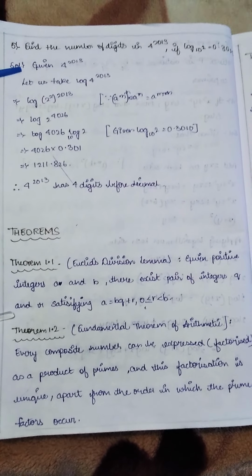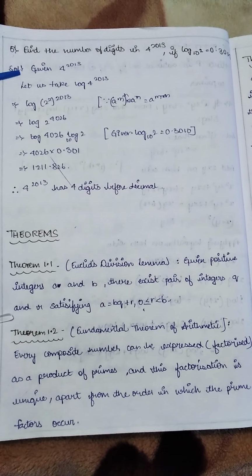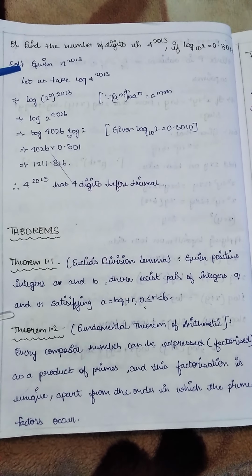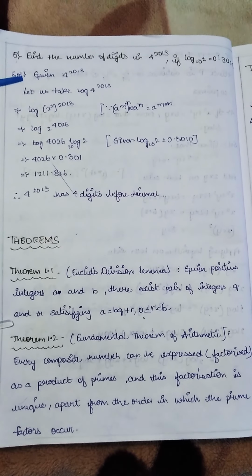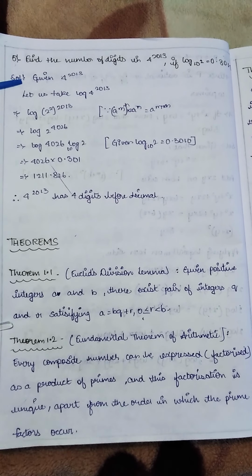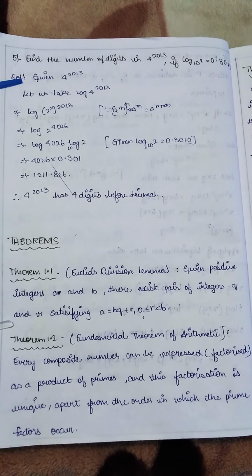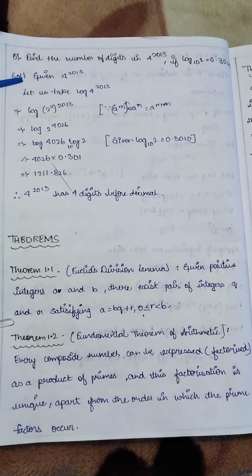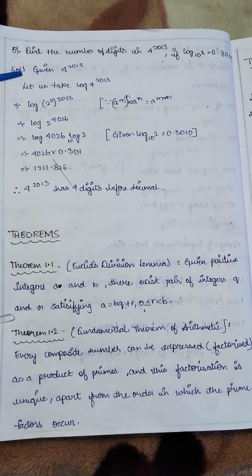So let's start. Theorem 1.1, Euclid's division lemma. Given positive integers a and b, there exists a pair of integers q and r satisfying the equation a equals bq plus r. We have already discussed Euclid's division lemma in the introduction, and we have problems based on this in exercise 1.1.